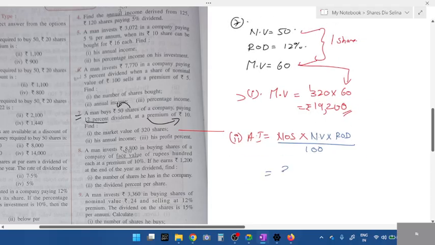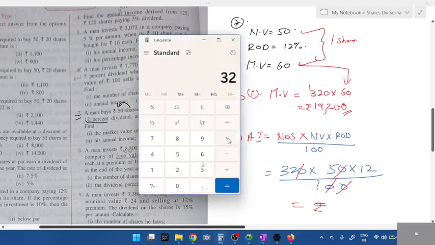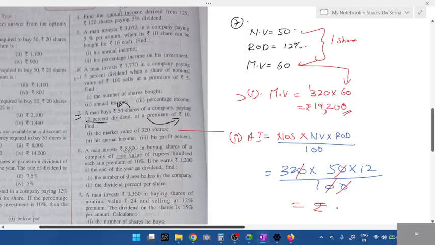Okay, number of shares, so 320, that gives 20.